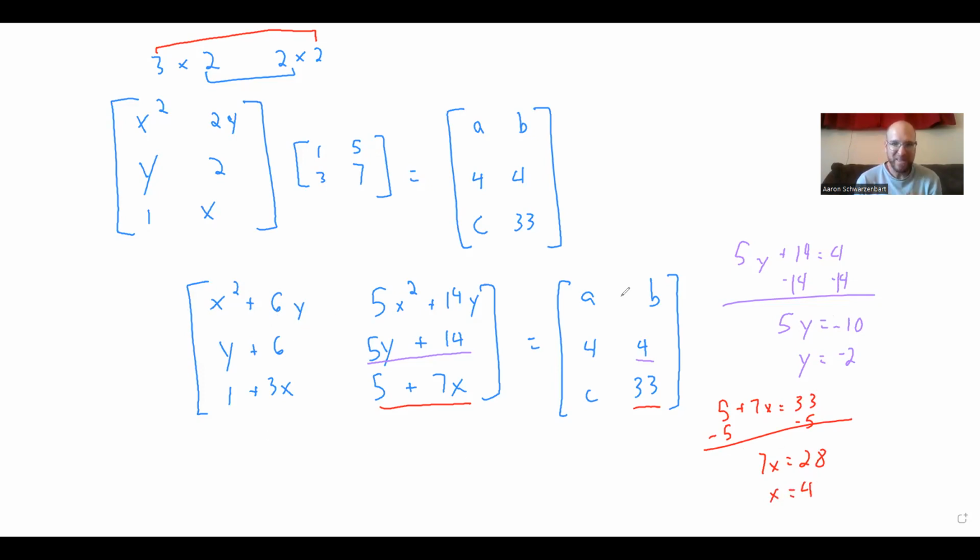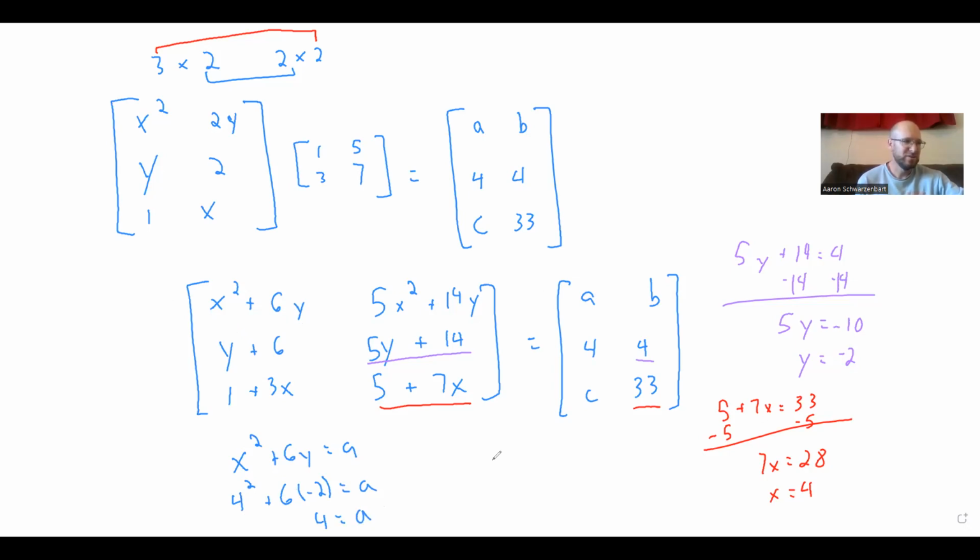To get A, I know that x squared plus 6y equals A. Again, that's because I'm lining up my places. Upper left, or 1, 1, equals 1, 1 in the other matrix. And I'll just plug in my x and y. That's 16 plus negative 12, A equals 4.